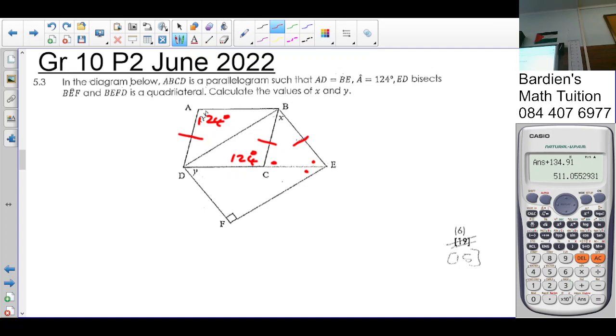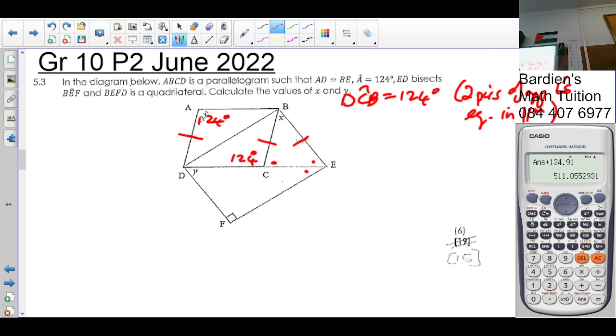Right, so let's do our thing. We're first going to say that DCB is equal to 124. Why is that 124? Two pairs of opposite angles are equal in a parallelogram.